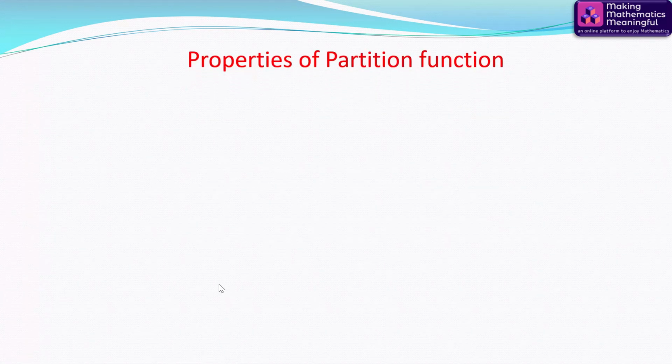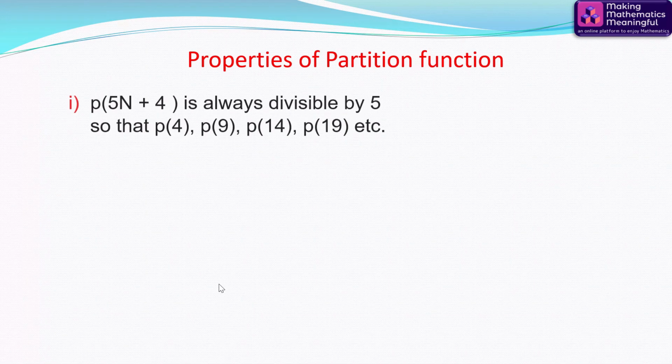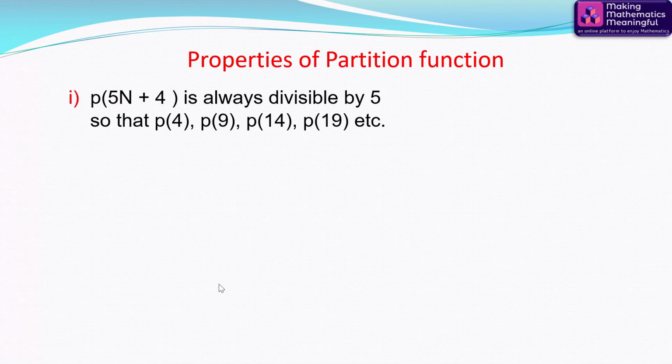There are certain properties of partitions known to us: p of 5n plus 4 is always divisible by 5. Which simply means when we start putting n equal to 0, 1, 2, 3, 4 and so on, we have p of 4, p of 9, p of 14, p of 19 and so on. One can easily note that they will always be divisible by 5.